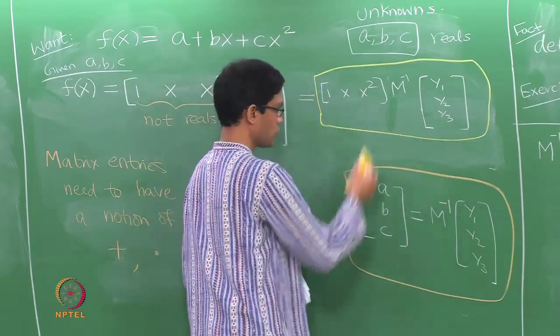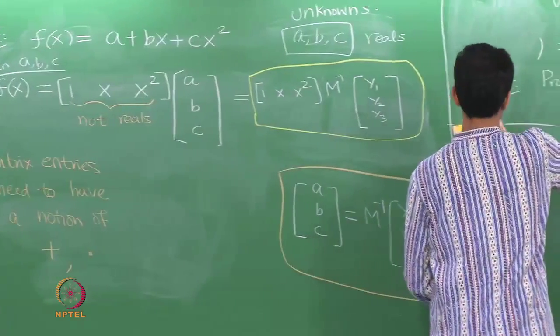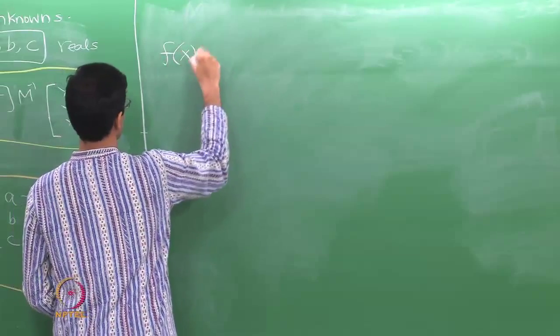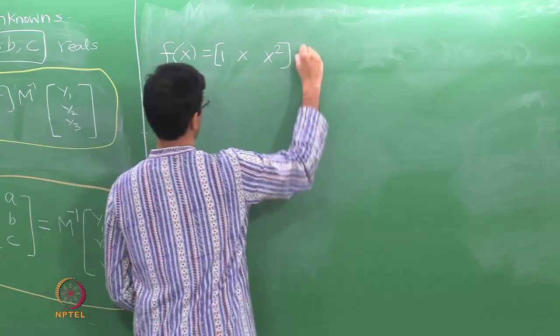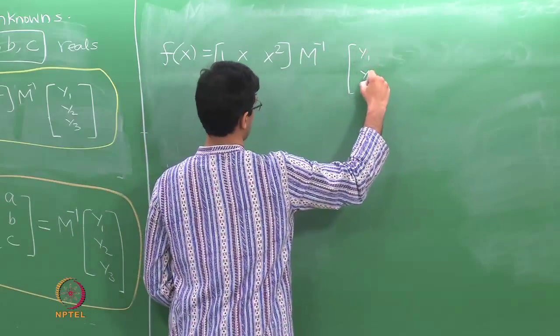Okay? But since we wrote out the first column of M inverse, let's just do one step of this. So we take f of x, as I said, is just 1, x, x squared times M inverse times, well, this column vector.